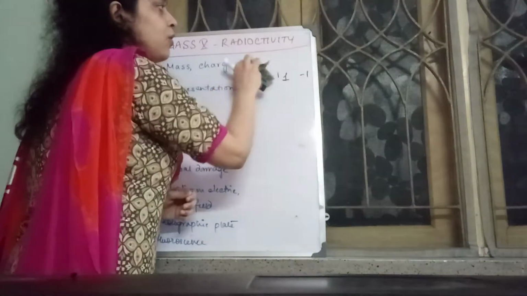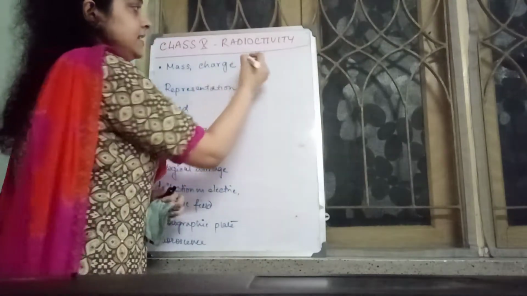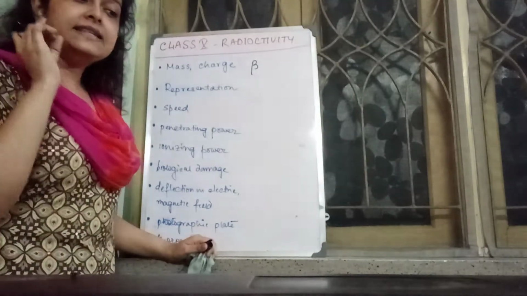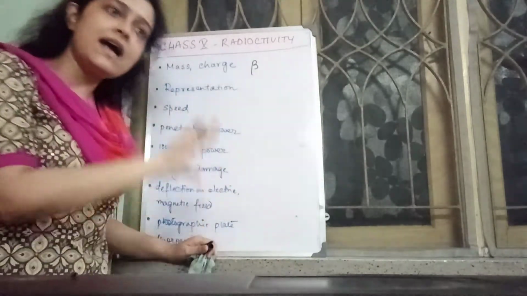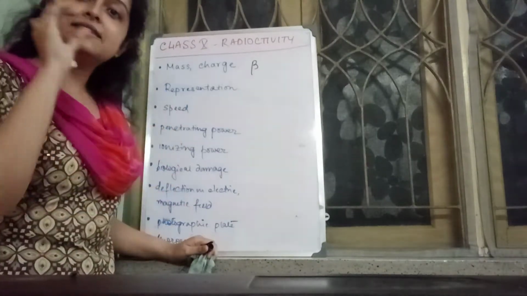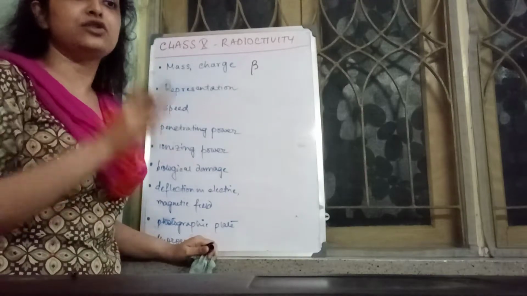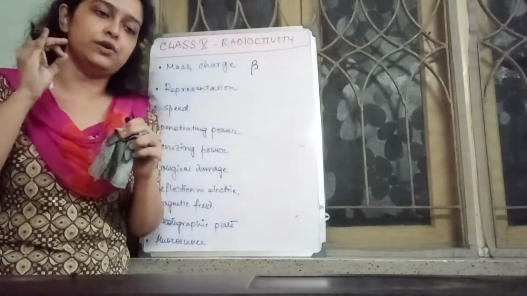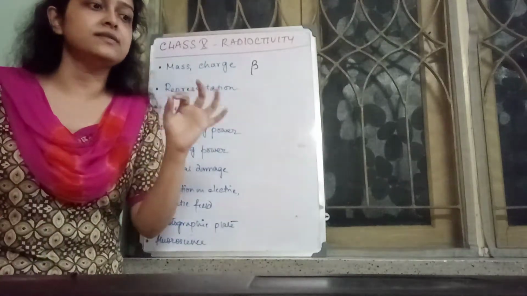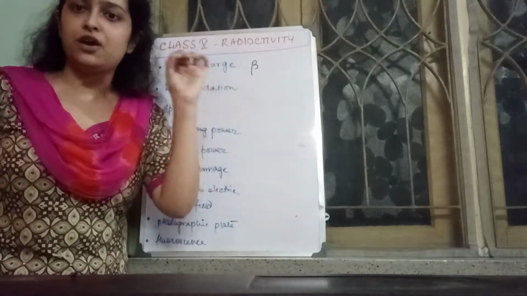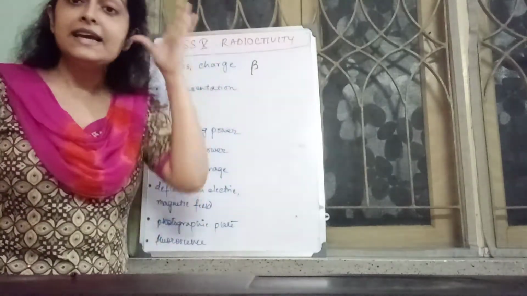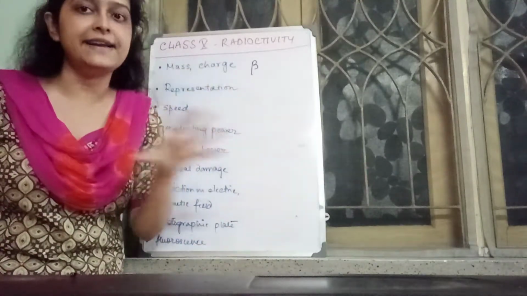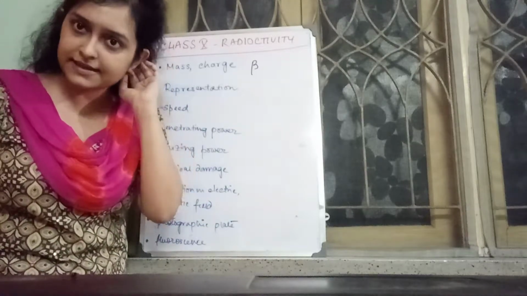So beta particles are actually fast moving electrons. They carry the same charge as an electron and their rest mass is also the same as that of an electron. Why am I mentioning rest mass? I hope you remember what I told you in class 9, that if a particle travels with a velocity the same as or comparable with the velocity of light, then its mass changes. It does not remain constant.